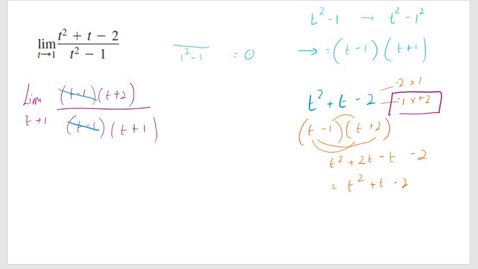We have limit as t tends to 1 of t plus 2 over t plus 1. As t goes to 1, you substitute t here, and the answer is 3 over 2. We'll go to the next question.